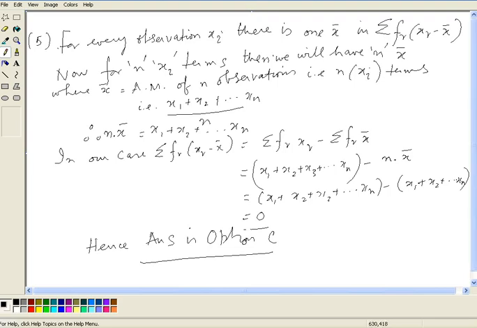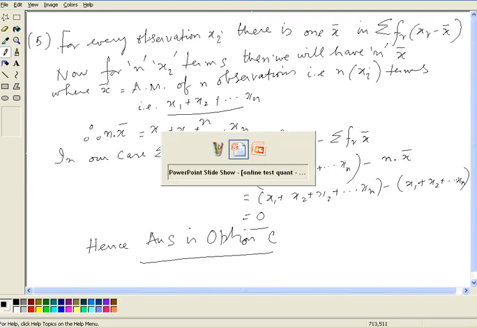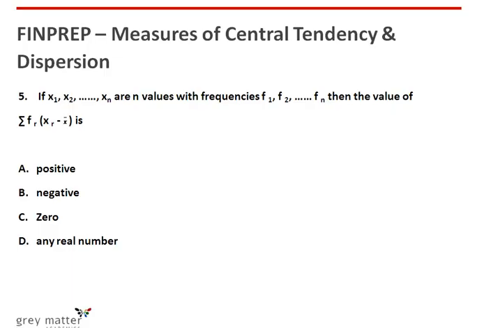Already we have x1 plus x2 plus x3 up to xn subtracted from the same sum, we get 0. Hence the answer is option C. Going back to our PowerPoint presentation, it is option C, which says 0.